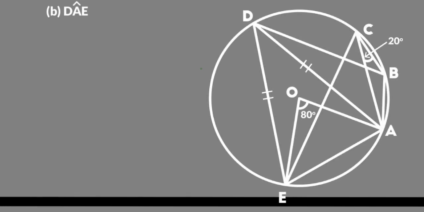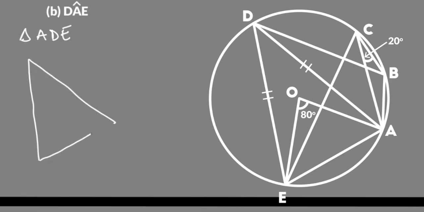Next, we're asked to find the angle DAE. If you look in the diagram, DAE is in the triangle ADE. So we can start from there. We look at triangle ADE. Notice they've given us very important information.